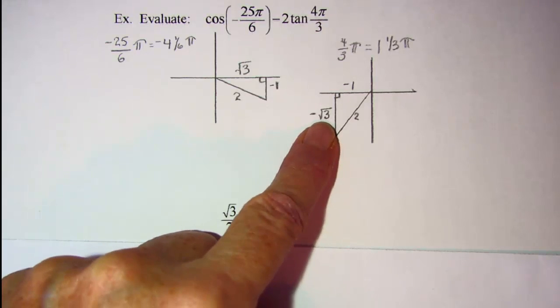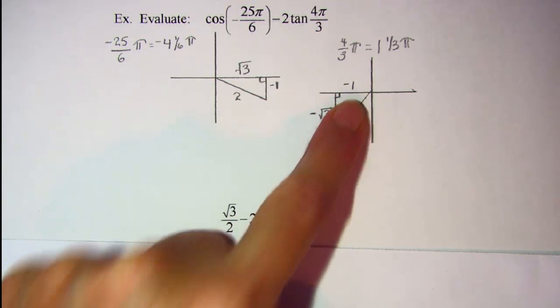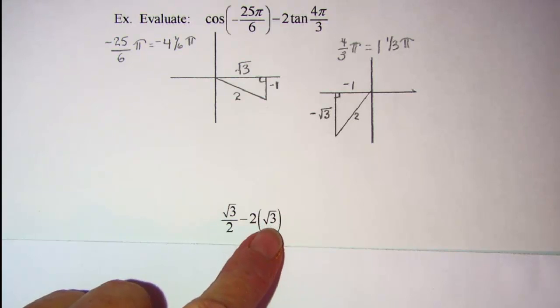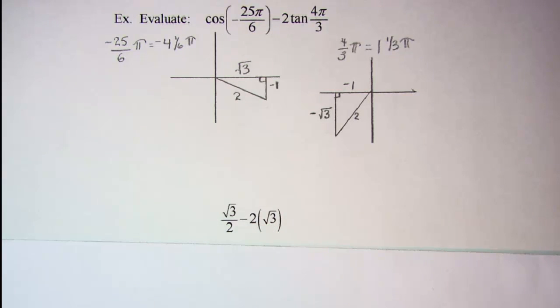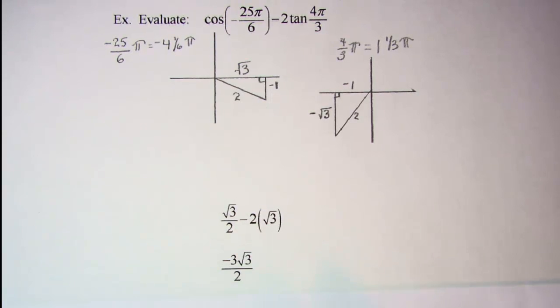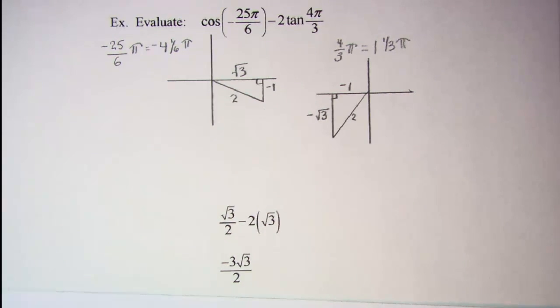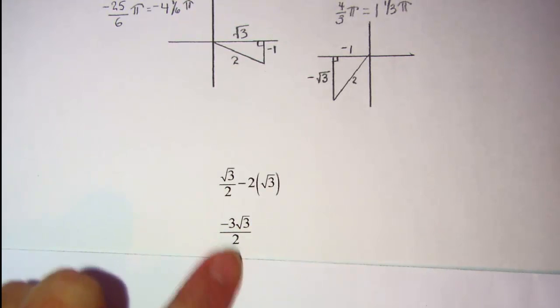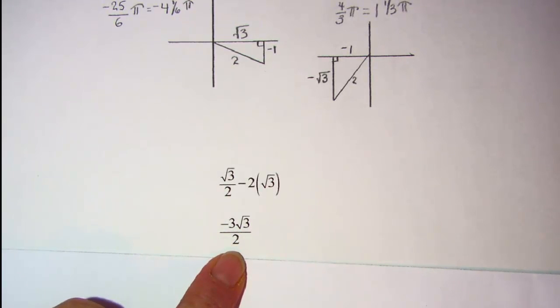So negative √3 over -1 simplifies to just √3. So this is 1/2 radical 3. Subtract 2 radical 3. I can combine those and get a -3 radical 3 over 2, or negative 3/2 radical 3.